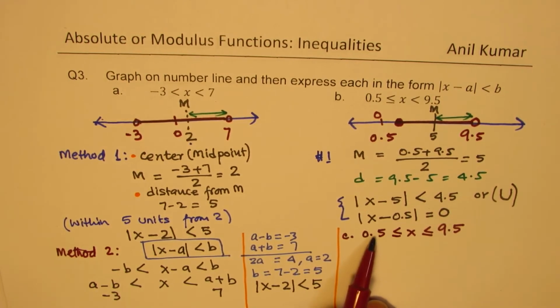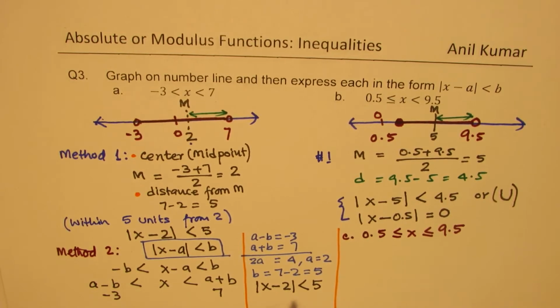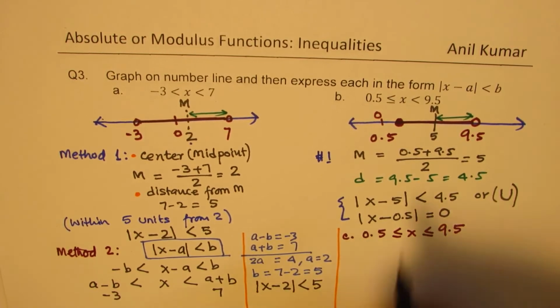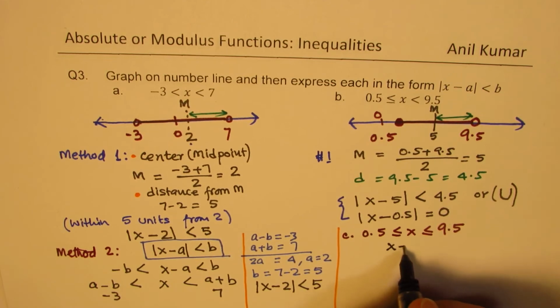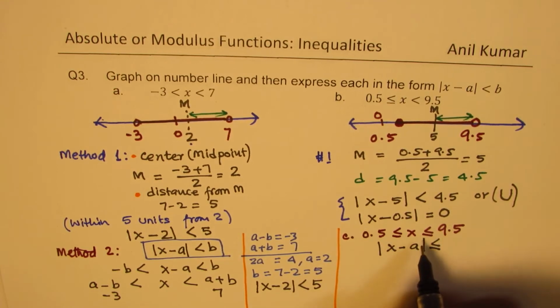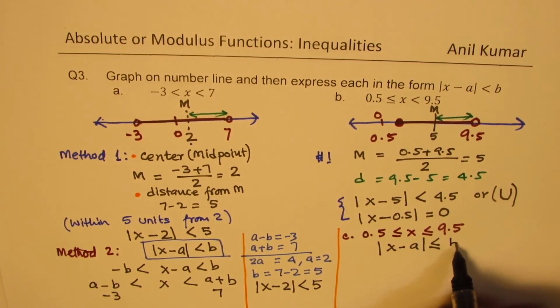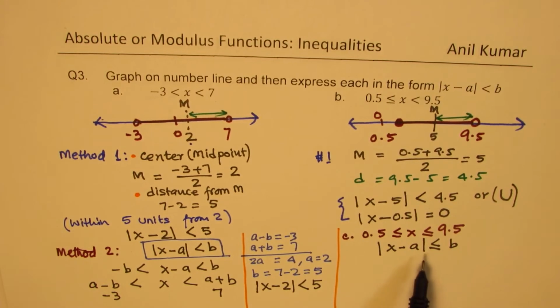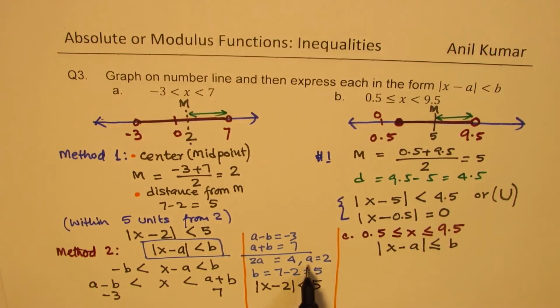So we'll write the inequality for this particular expression using what we have just learned. We want to write this as absolute value of x minus a is less than, this time less than or equal to, since we have used equal to, b. Now from here, we can see very clearly what a and b are equal to.